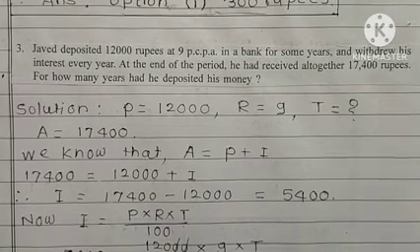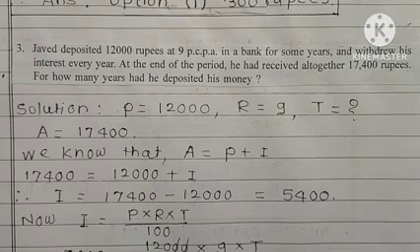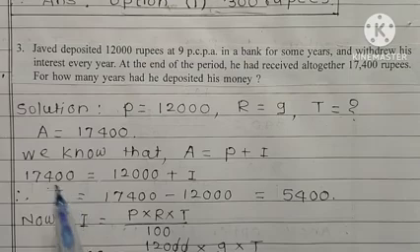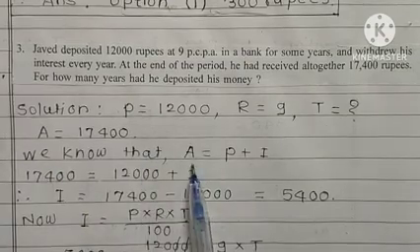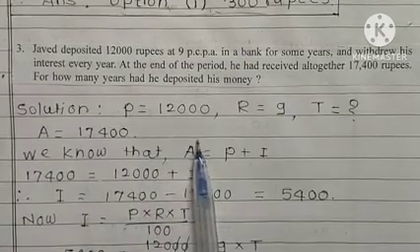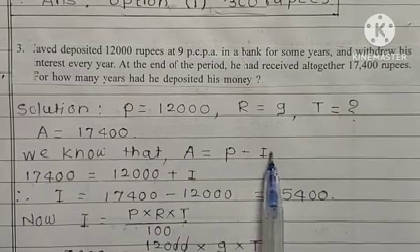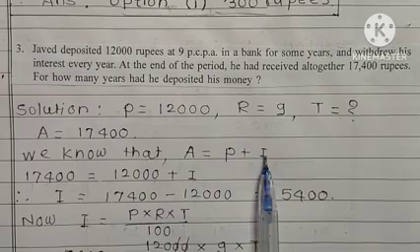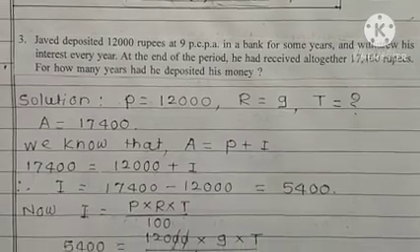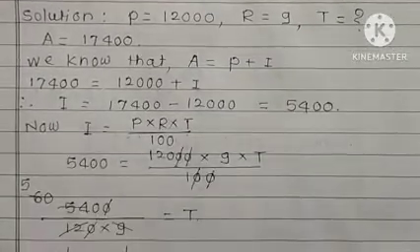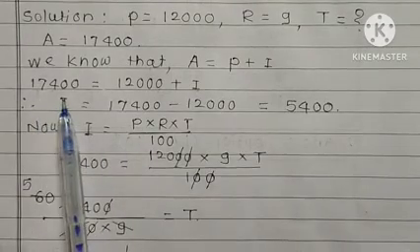And we have to calculate first of all interest. And then we have to find T, that is time period. So we know that A, that is total amount, is P plus I, principal plus interest. Now A is given, 17,400.